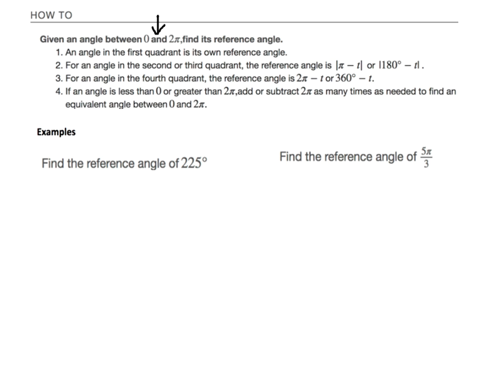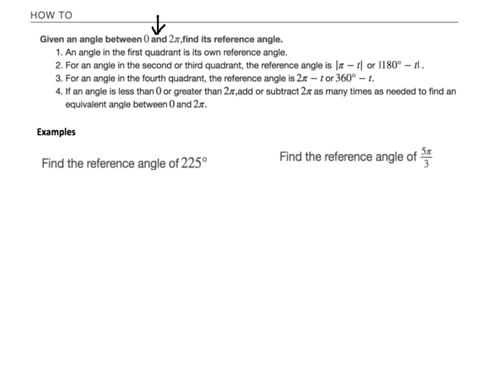For an angle in the second or third quadrant, the reference angle is the absolute value of pi minus t, or if it's given in degrees, the absolute value of 180 minus t. In the fourth quadrant, the reference angle is 2 pi minus t, or 360 minus t.